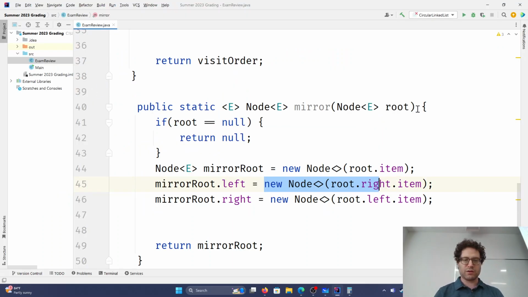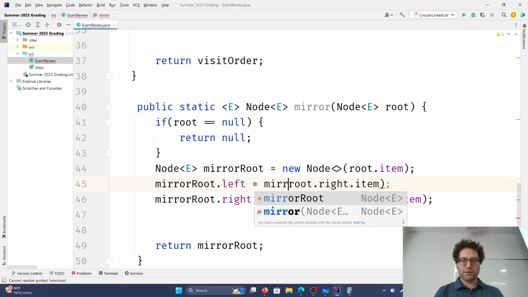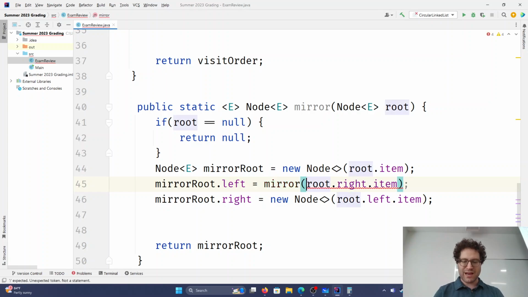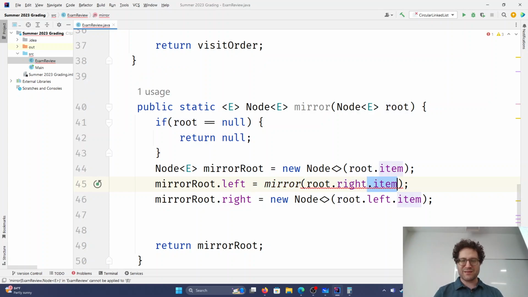So mirror.left is instead mirror of root dot right.